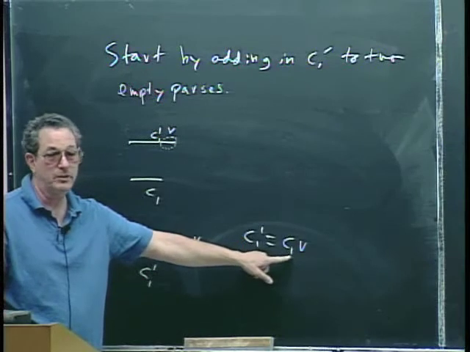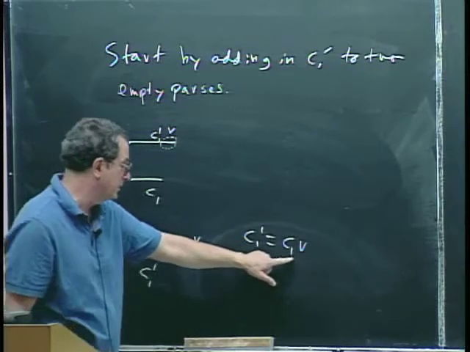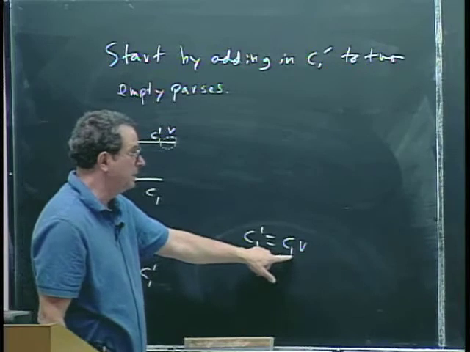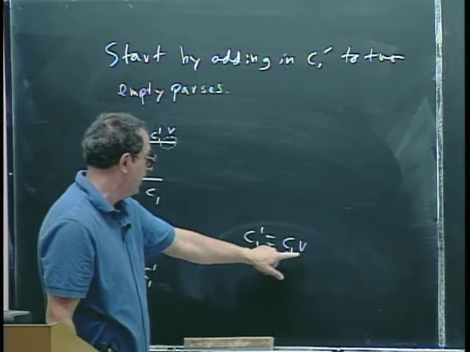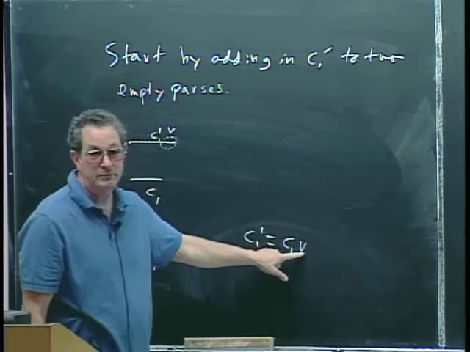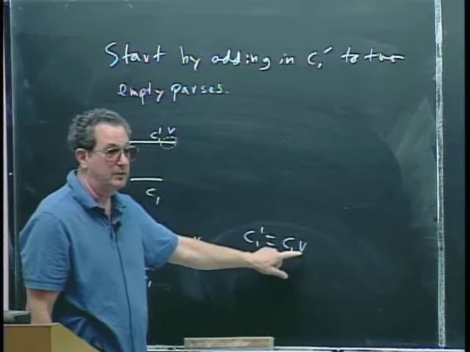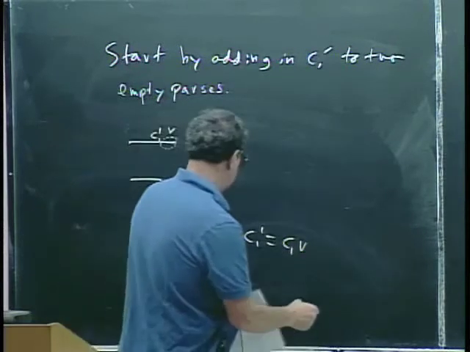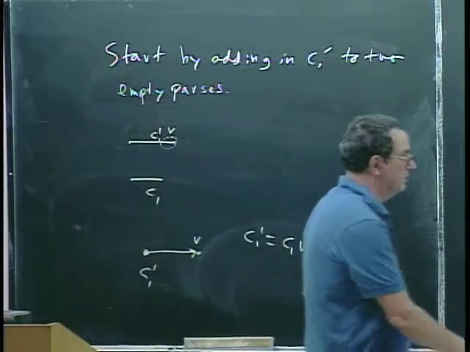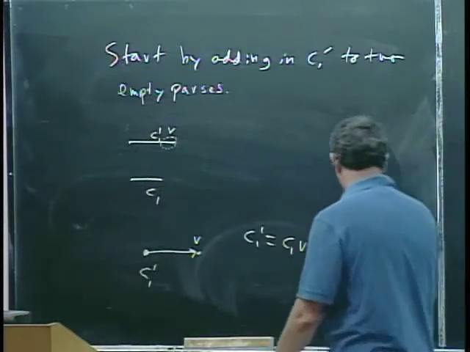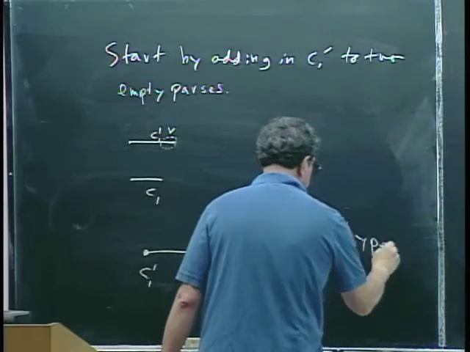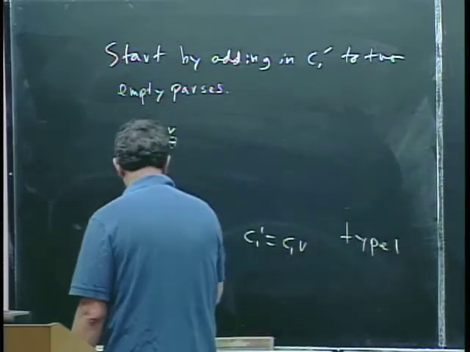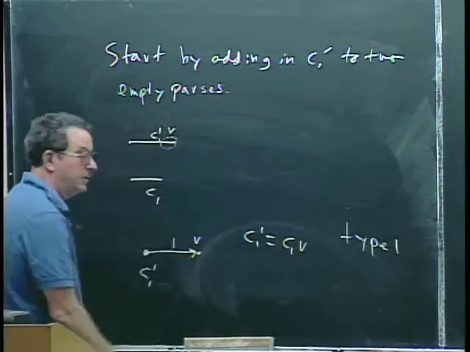It's one of those degenerate or trivial code suffixes, which happens to be a code word itself. And this is a suffix of a code word. Okay? So this edge looks like a type 1. That goes from C1 prime to V.